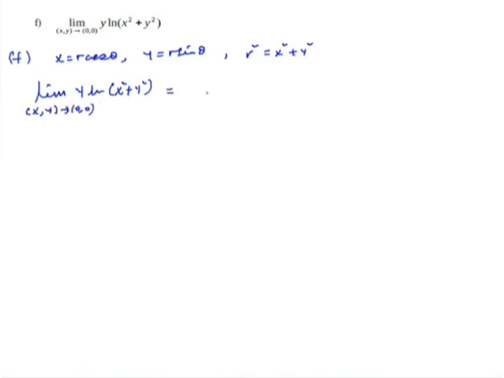This becomes the limit of r sin theta times ln of x square plus y square is r square as r approaches to 0. So this is equivalent to the limit of 2r times sin theta times ln r as r approaches to 0.